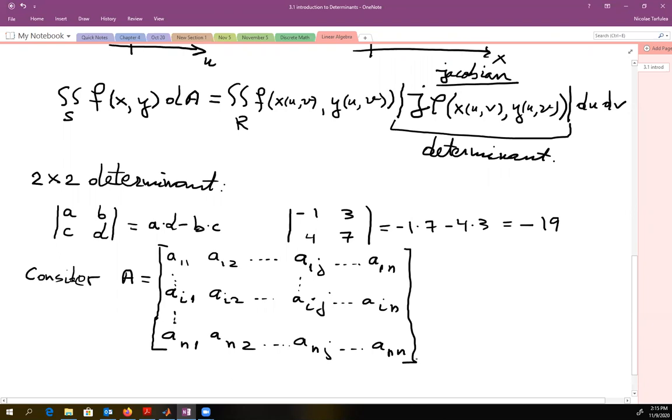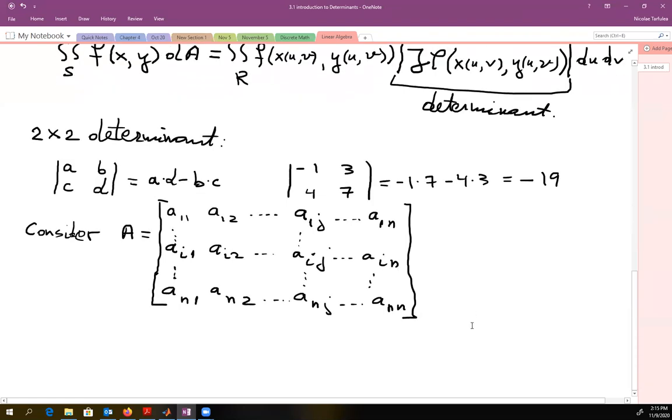Okay, now let me introduce a few notations. The notations I'm going to introduce are very useful and will help us define the determinant in general. The first notation is the so-called Aij.